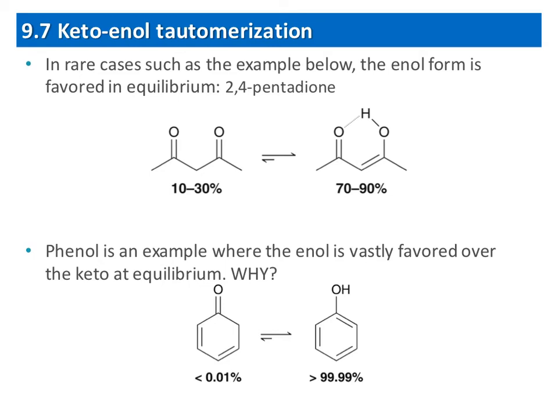Also, a conjugated pi system that forms through formation of the enol stabilizes the molecule even more. So there are two factors that can stabilize this enol. First is hydrogen bonding, and second is formation of a pi conjugated system.